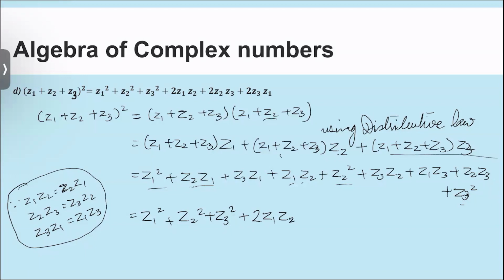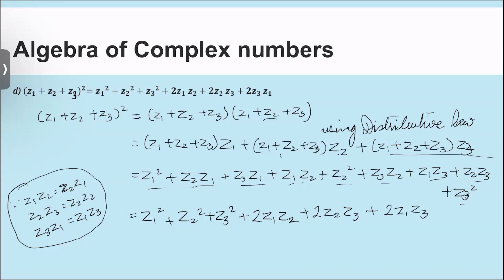Then we have Z2 Z3 and Z3 Z2. So you can write it as 2 Z2 Z3, and plus you have Z1 Z3 and you have Z3 Z1. So again, they are the same term. You have 2 Z3 Z1.